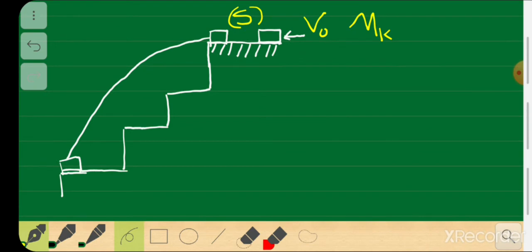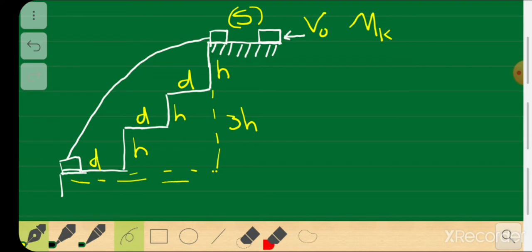Let's say each of these steps has some height h, so the total height will be 3h. Each step has an x distance d, so the total distance downside will be 3d.